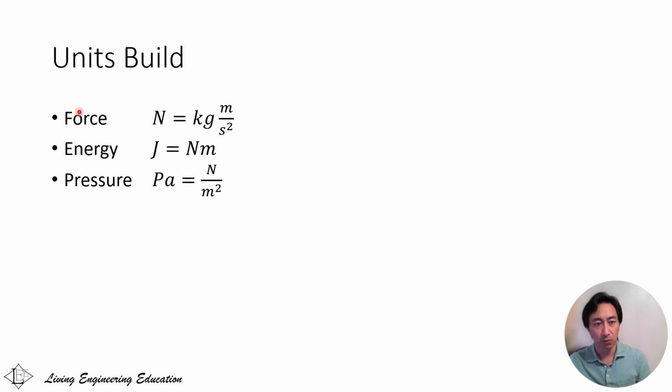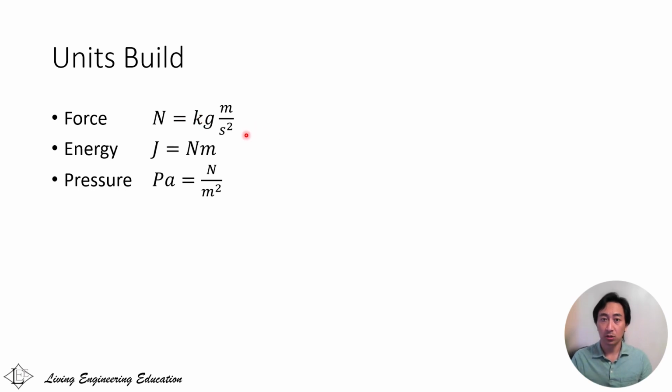So for example, the unit for force is oftentimes in SI unit. I'm putting all these in SI units. In newtons. And 1 newton is a kilogram meter per second squared. So kilogram term multiplied by a meter term, length scale term, divided by a second squared, or a time term. This is your acceleration component. This is your mass component.